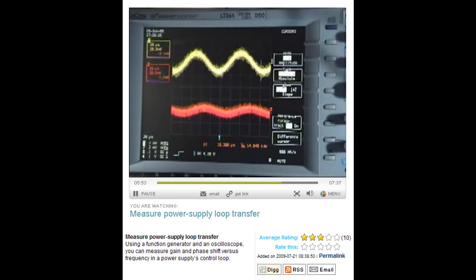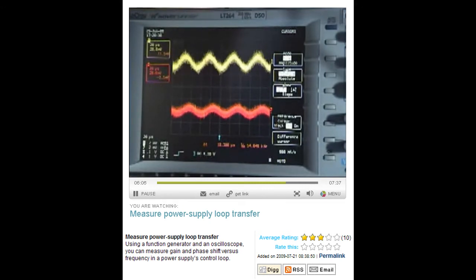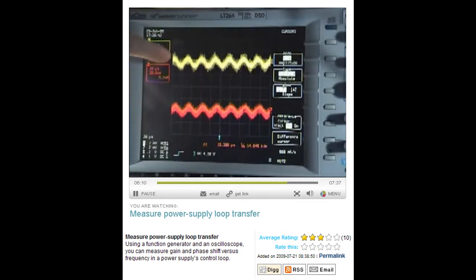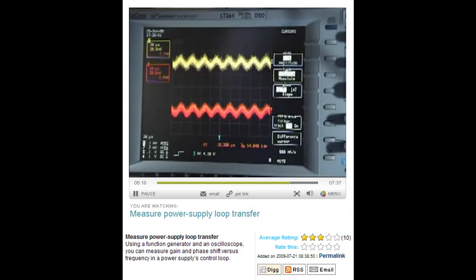We want to have this signal amplitude be the same. Then we know the transfer function has not changed the gain, so it's a gain of 0 dB. And so I'm changing the frequency around on the signal generator until the amplitude of channel 1 is about the same as the amplitude on channel 2. And that is the case at frequencies of about 40 kilohertz.